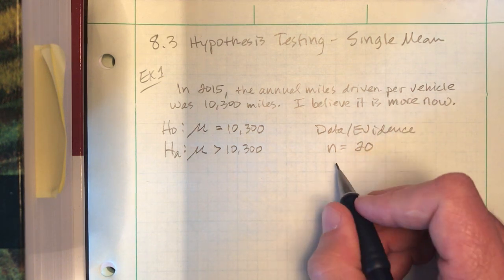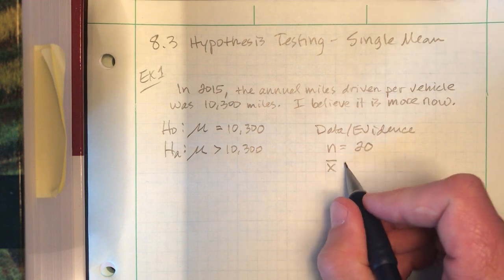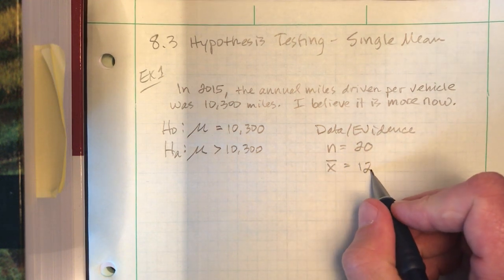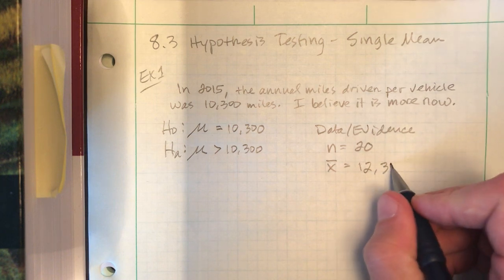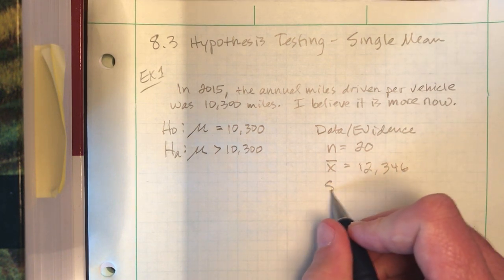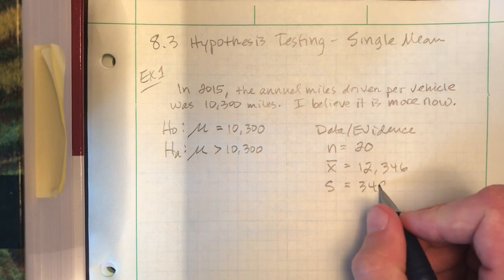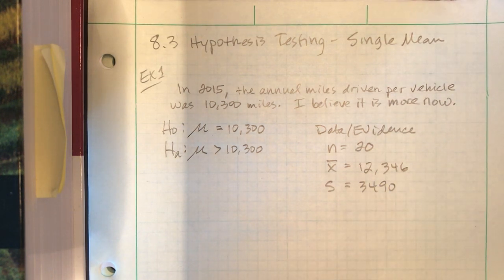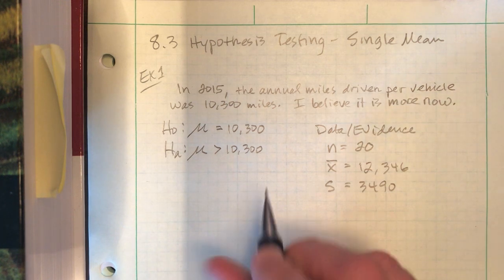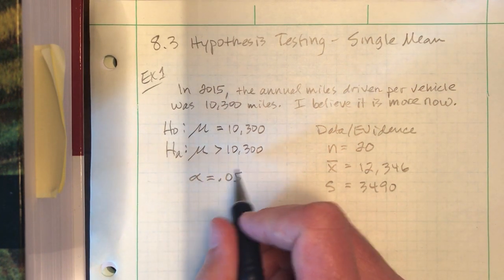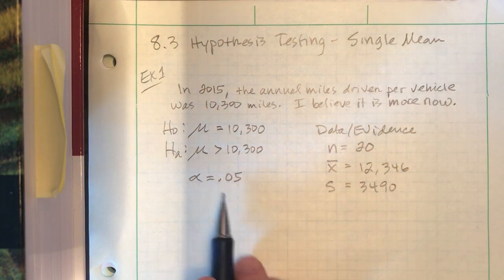And in the last year, the average miles driven for those 20 cars, let's say, was 12,346. And the standard deviation of those 20 cars was 3,490. And let's go with an alpha level of 5%. Again, that's where we make our decision at the end. That doesn't do anything right now.